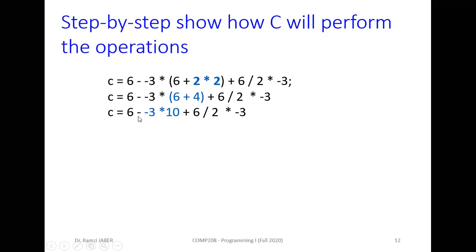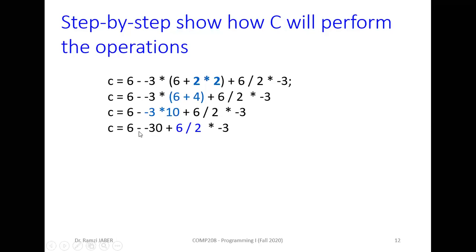Now we have minus, multiplication, plus, division, multiplication. So we start by multiplication and division from left to right. This multiplication is before division, so we start by these two numbers, minus 3 times 10. So we get 6 minus 30 plus 6 over 2 times minus 3.